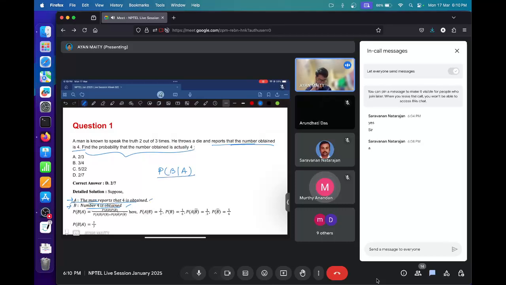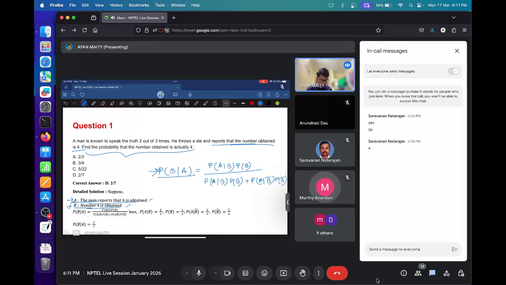So this is the probability of B given A. If we apply Bayes' theorem, it gives us probability of A given B into probability of B, divided by probability of A given B into probability of B plus probability of A given B complement into probability of B complement.